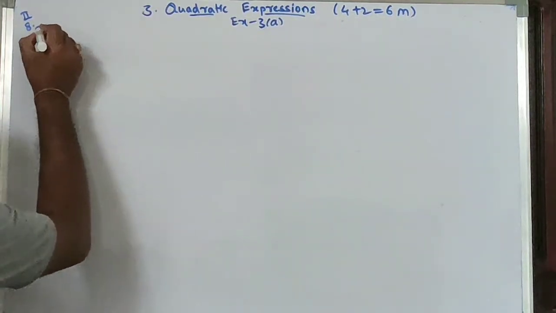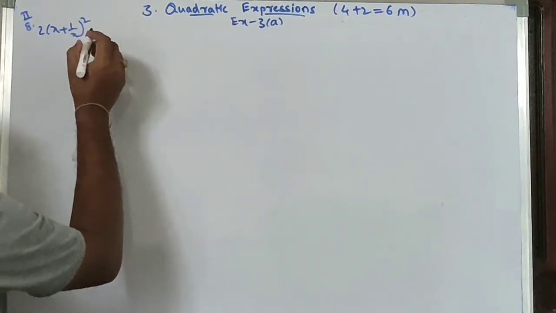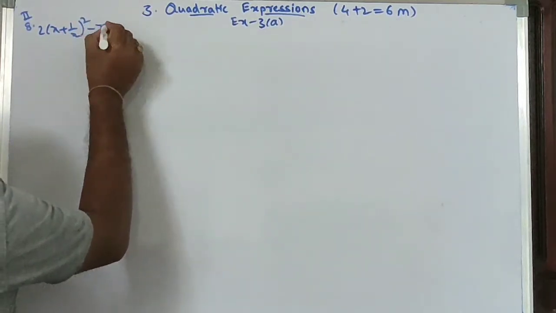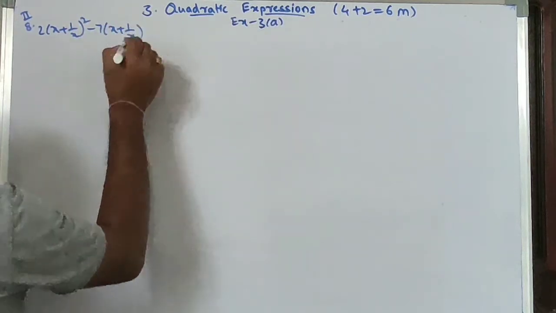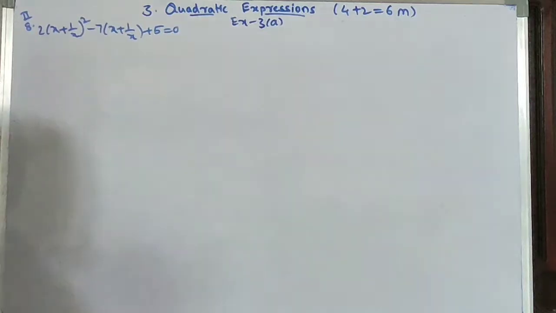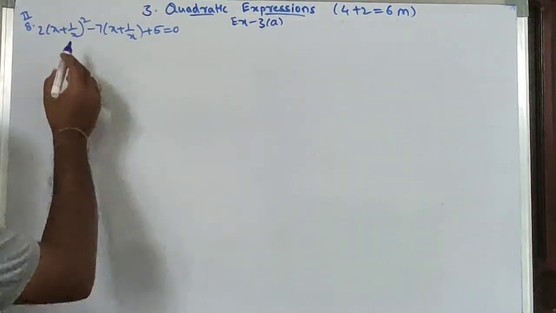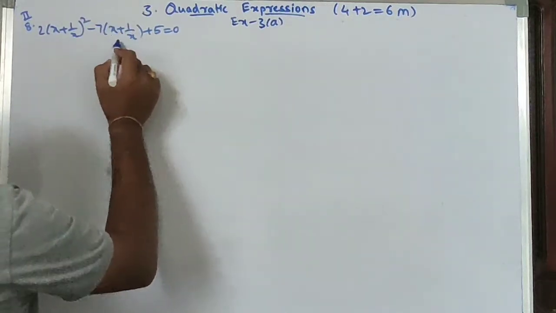2 of (x plus 1 by x) whole square minus 7 of (x plus 1 by x) plus 5 equal to 0. So we need to solve this equation. Directly, this is x plus 1 by x, this is also x plus 1 by x.